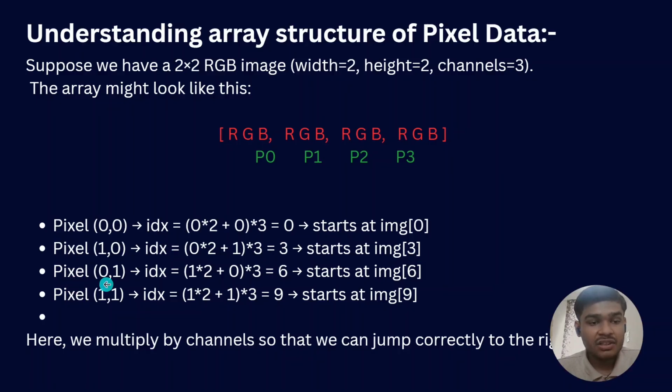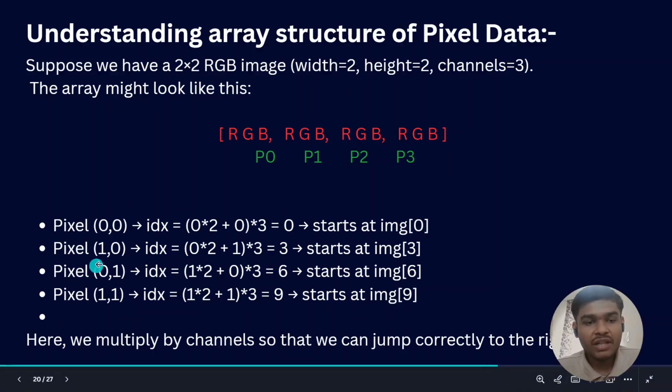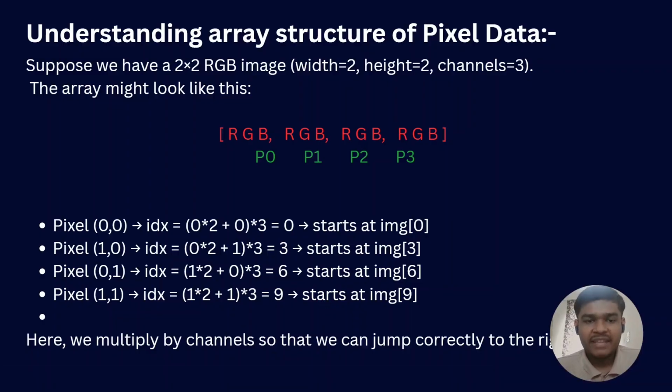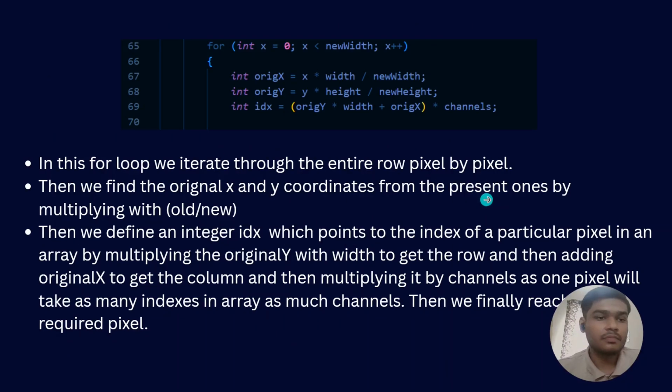Then the pixel at 0 comma 1 gives us the index pointing to the first color of the pixel. This formula overall gives us the position of the exact pixel from where we need to start reading it, at the first color of the pixel, which is red, so it points to the red component of each pixel.